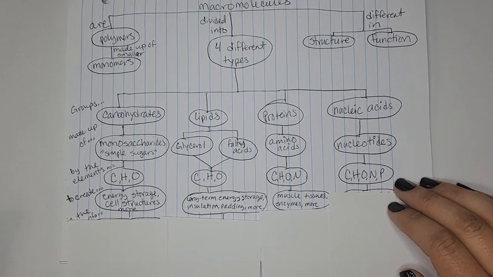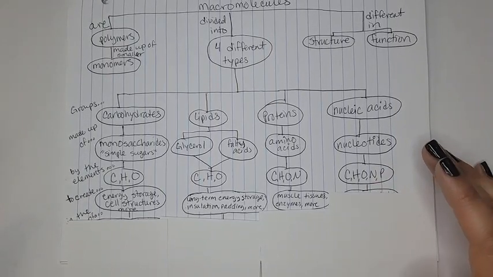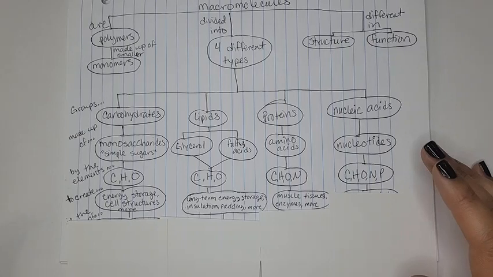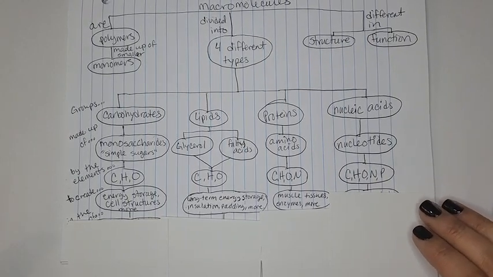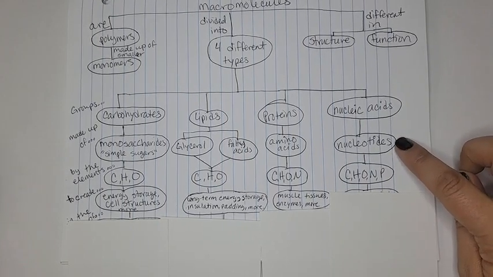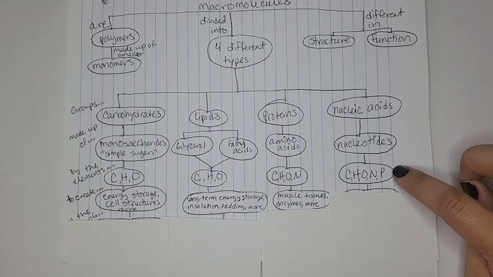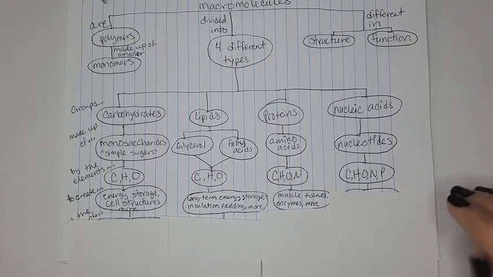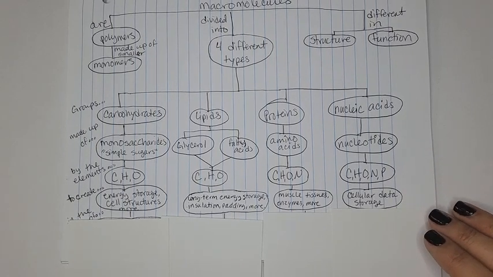Proteins are actually the most diverse out of all of these macromolecules, but normally when we talk and think about proteins, we think of muscles. And then nucleic acids. These are made up of nucleotides through the elements carbon, hydrogen, oxygen, nitrogen, and phosphorus to create cellular data storage.